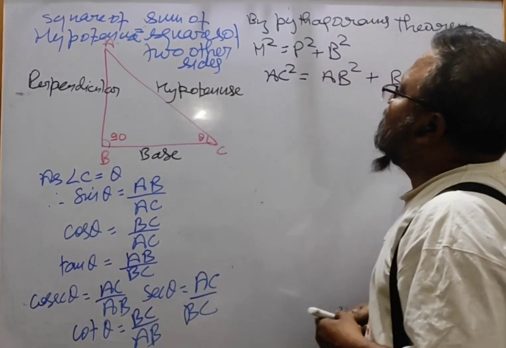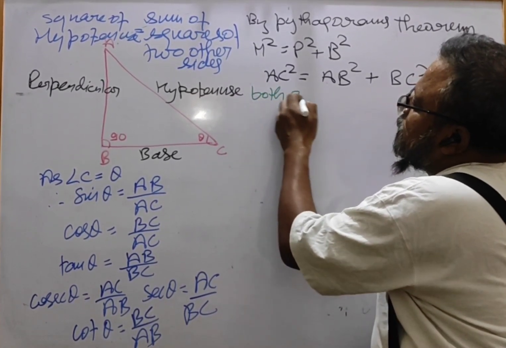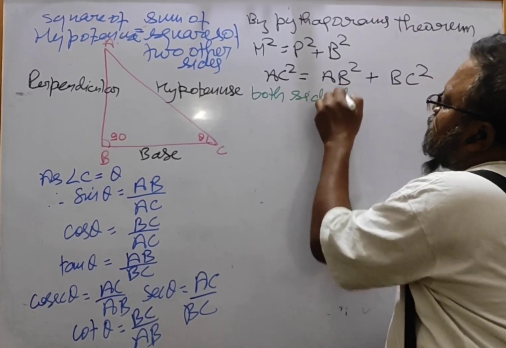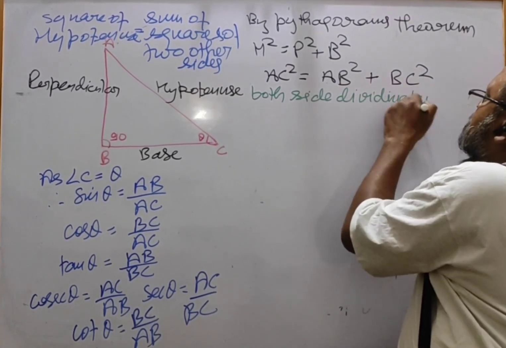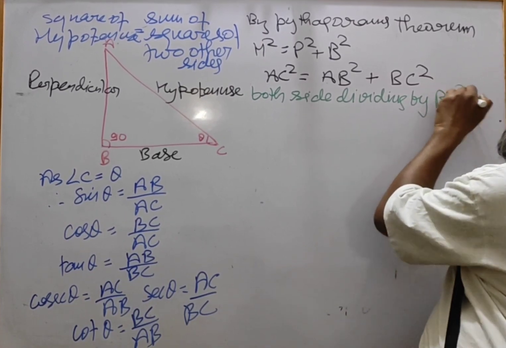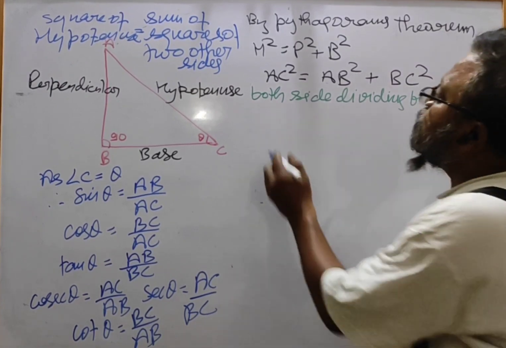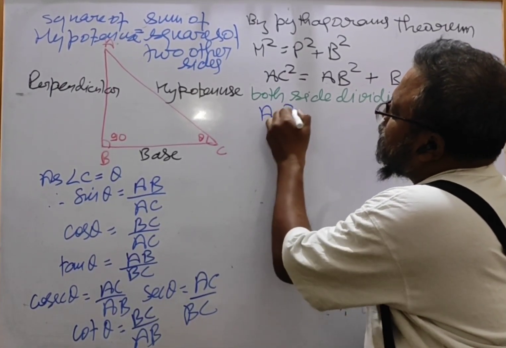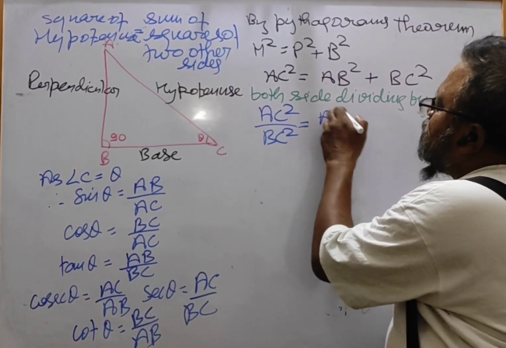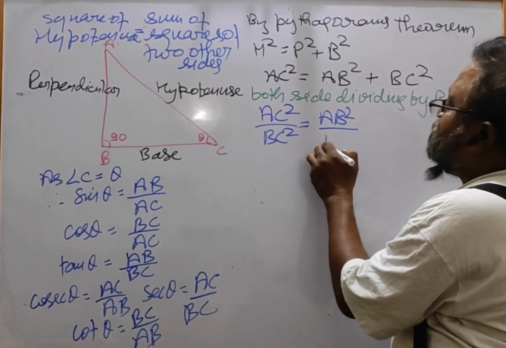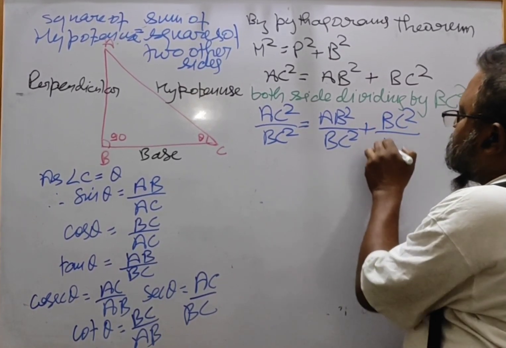Right? Anyways. Now come to the point. Dividing both sides by BC square, right? Then what happens? Can you assume what kind of miracle will happen? AC square upon BC square is equal to AB square upon BC square plus BC square upon BC square.